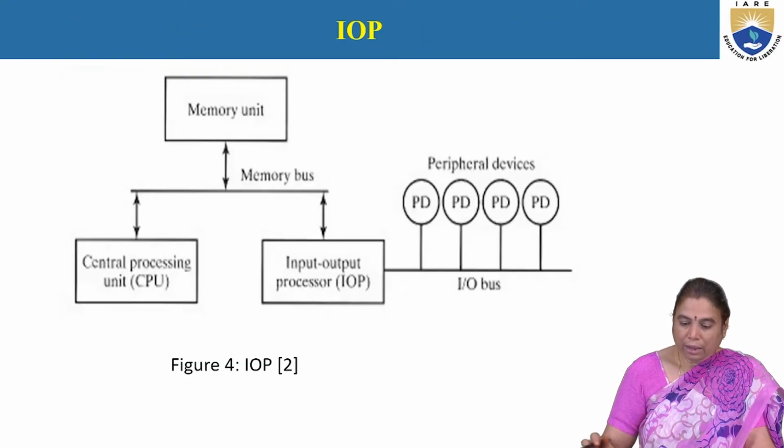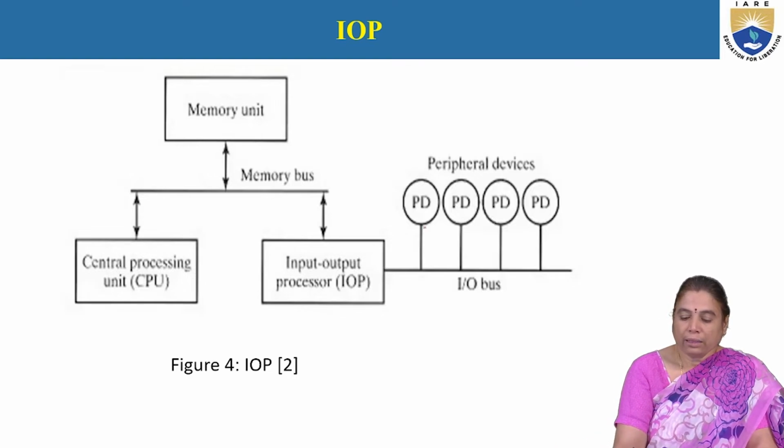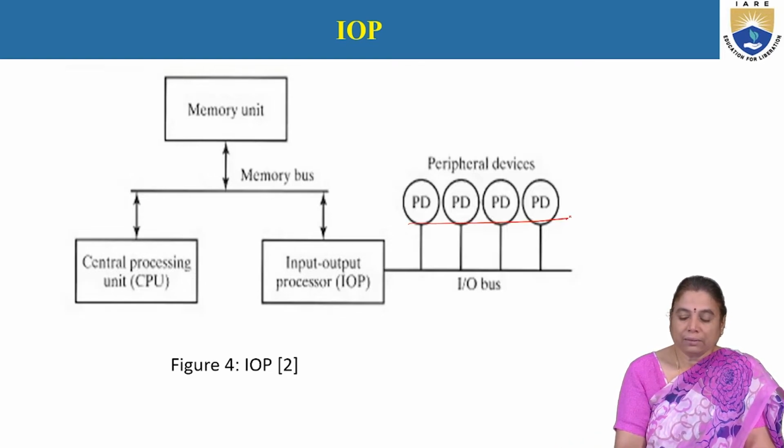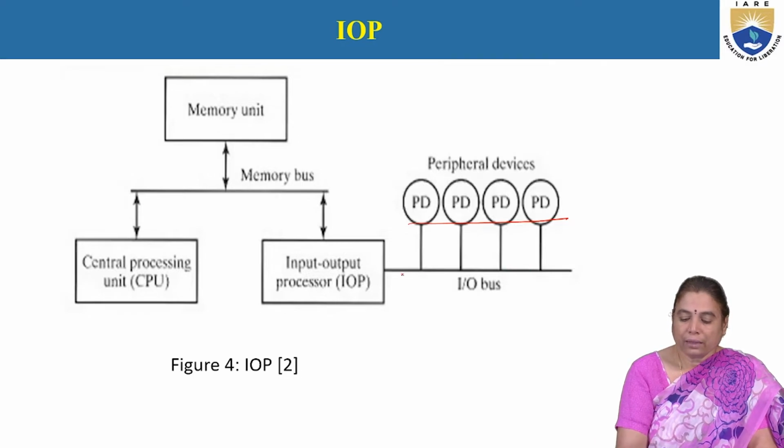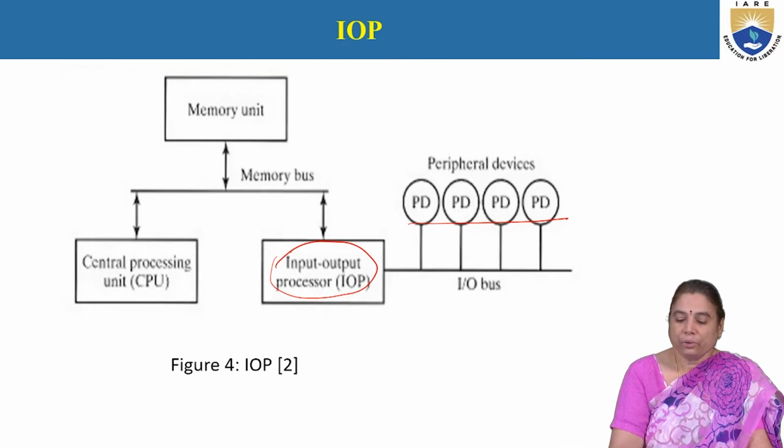So how can the IOP be connected? All these are the peripheral devices. They are connected via the IO bus to the input-output processor, and this processor can be involved by issuing input-output instructions to the peripheral devices.